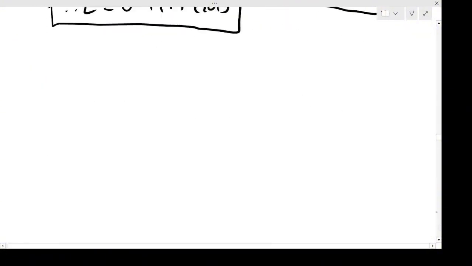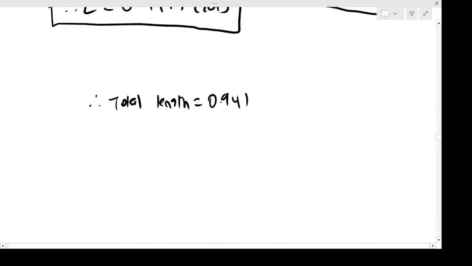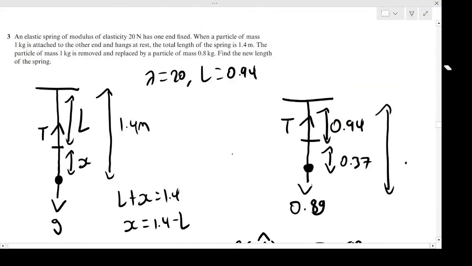So therefore total length, well, the natural length was 0.94, add the extension of 0.37, and that will get me 1.31, to 2 decimal places. That is my total length there.